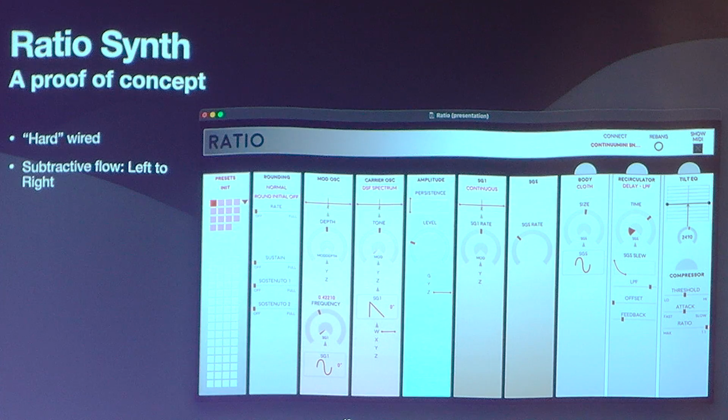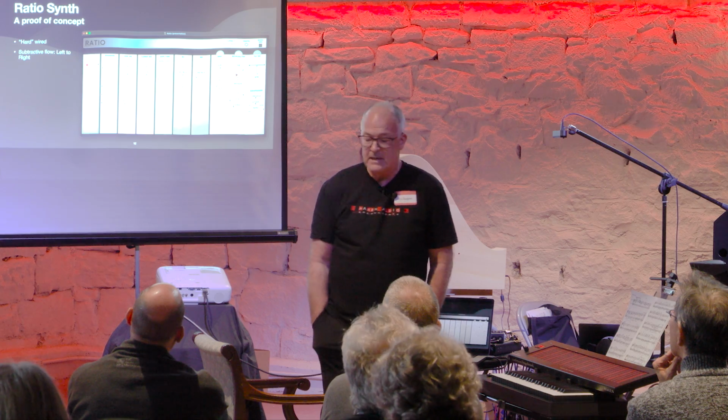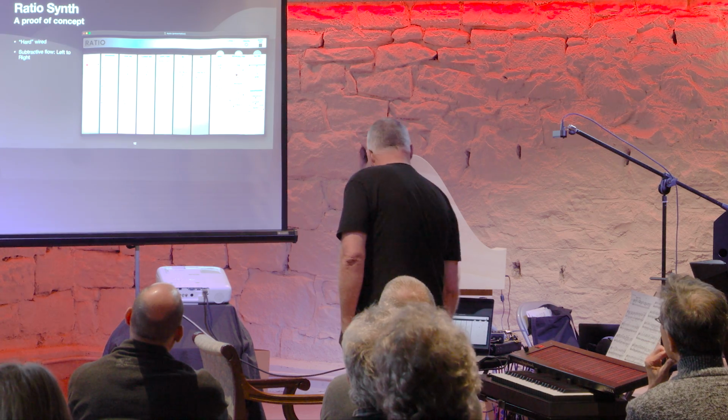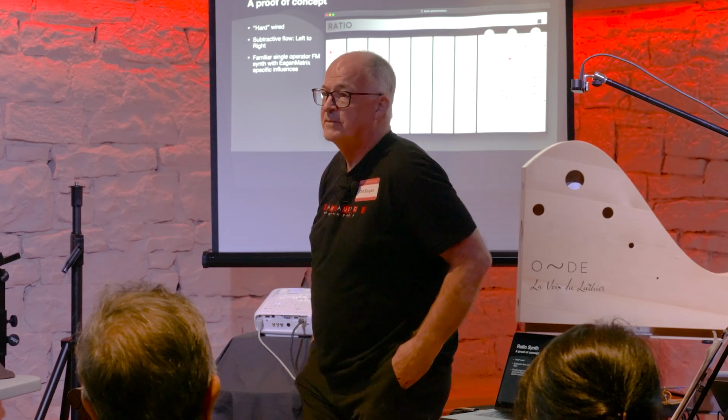So this has your typical subtractive flow where things happen from the left-hand side to the right-hand side. And it's something that everyone is super familiar with, and there's no reason not to do it this way if you're trying to make something that everyone is sort of familiar with. So it's got this FM structure, and if you've ever looked at any sort of FM synths, they have like 6 operators, 4 operators.